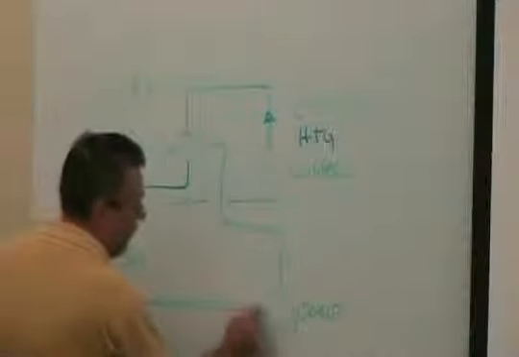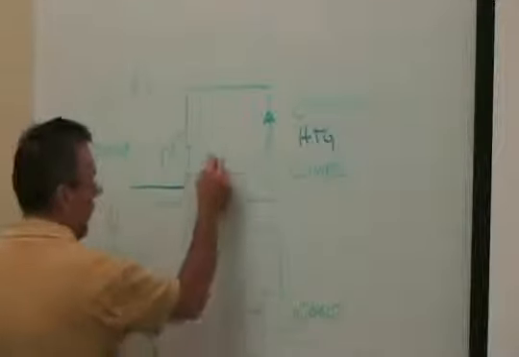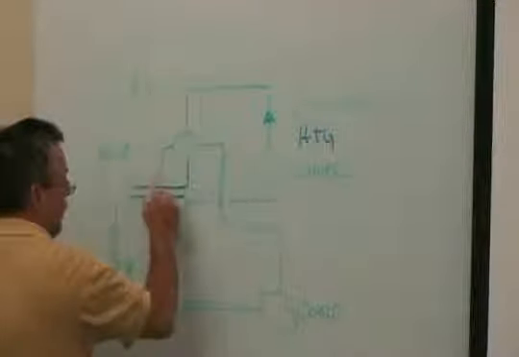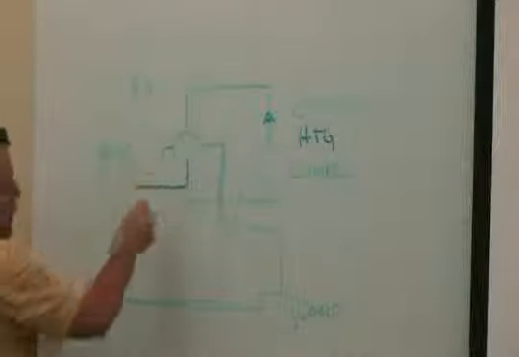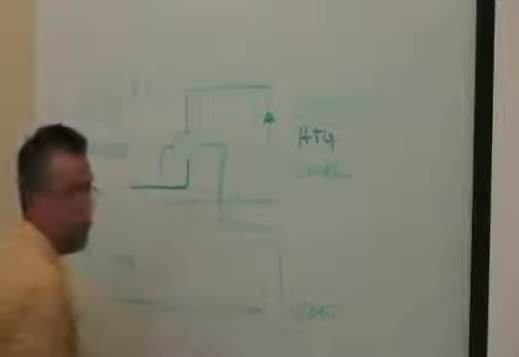Go back to the condenser, up to the reversing valve, and back to the compressor. That's the basic reversing valve heat pump application. That's how we're able to either heat or cool.